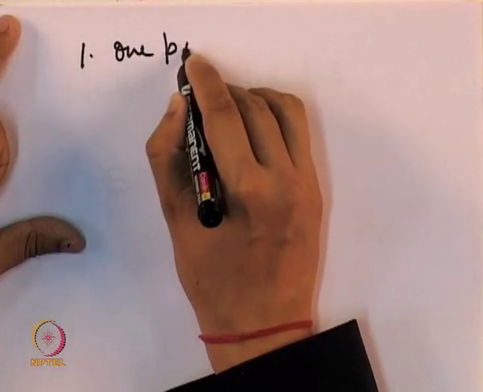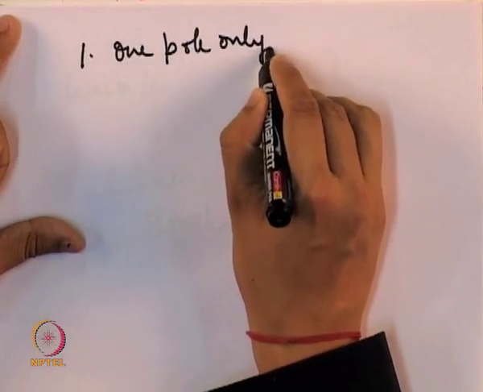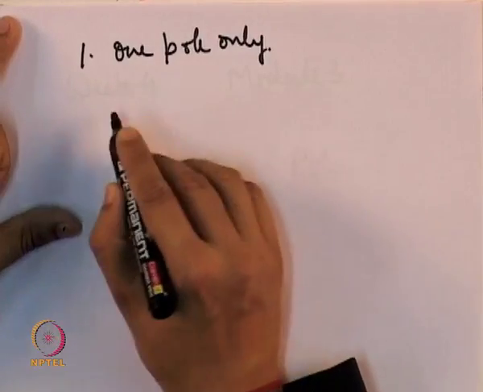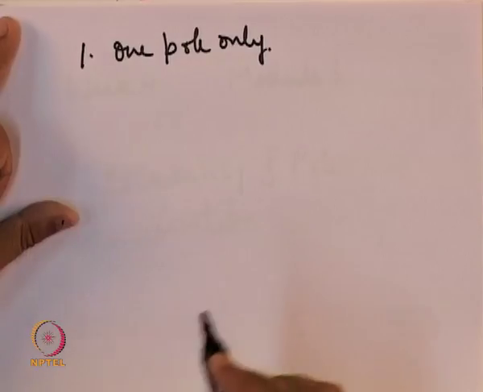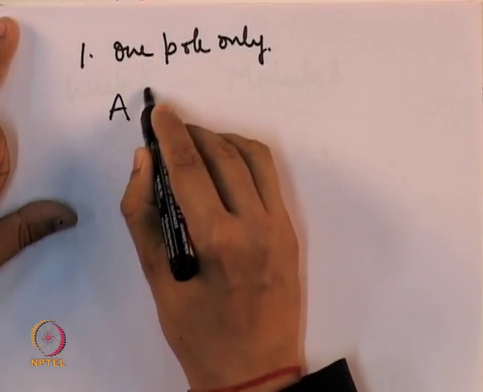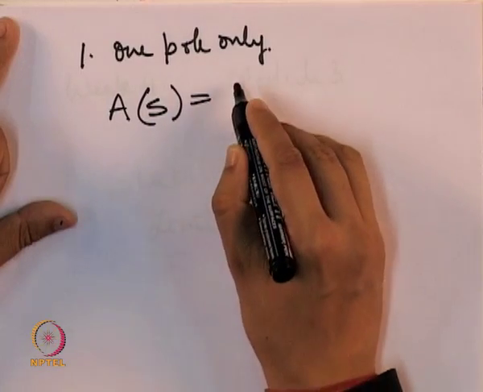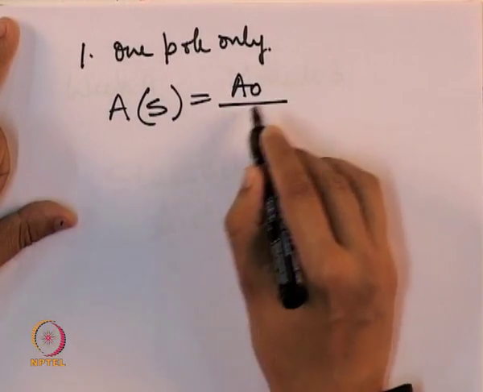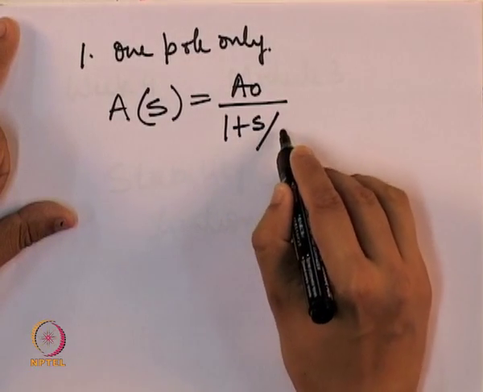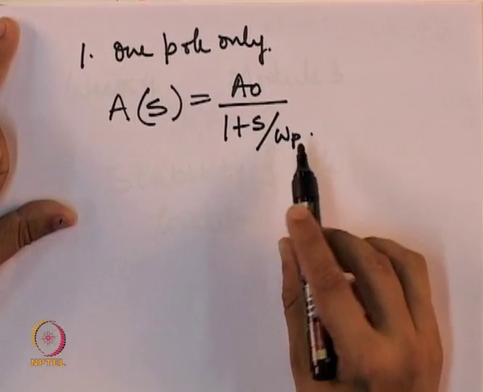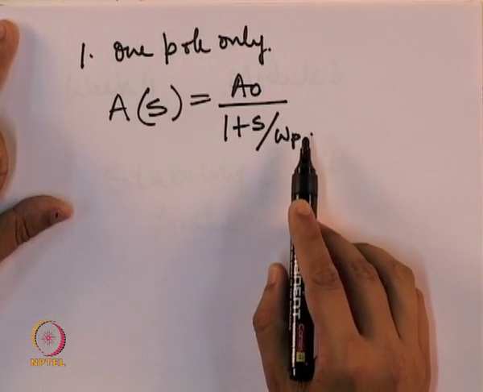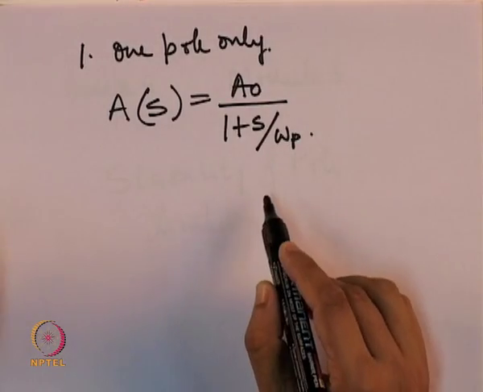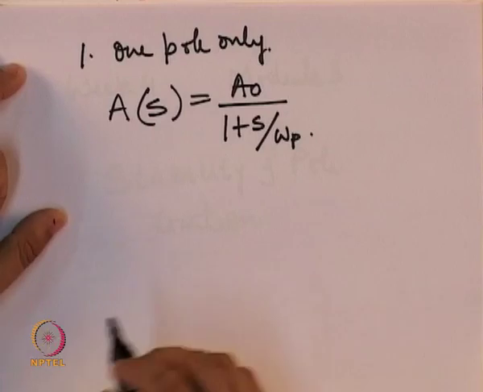So, suppose your system has only one pole, then I can write my open loop transfer function like this. And this is of course of the type of a low pass filter with a single upper 3 dB frequency.